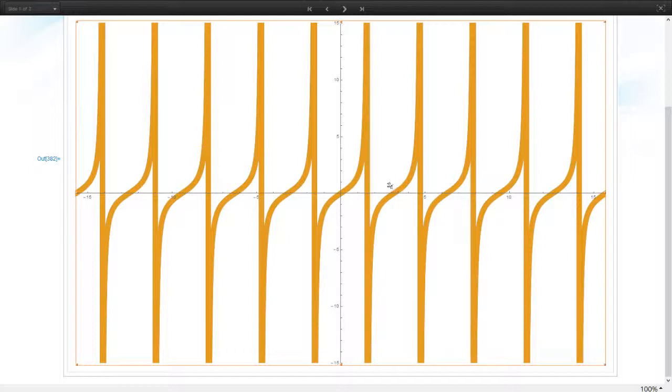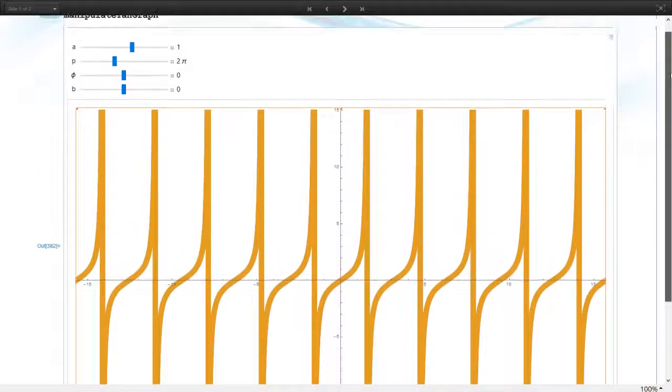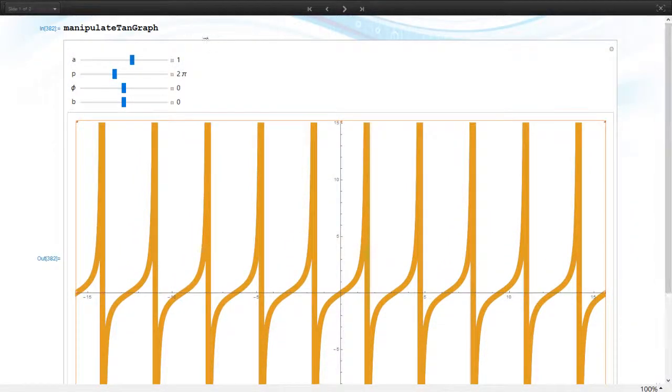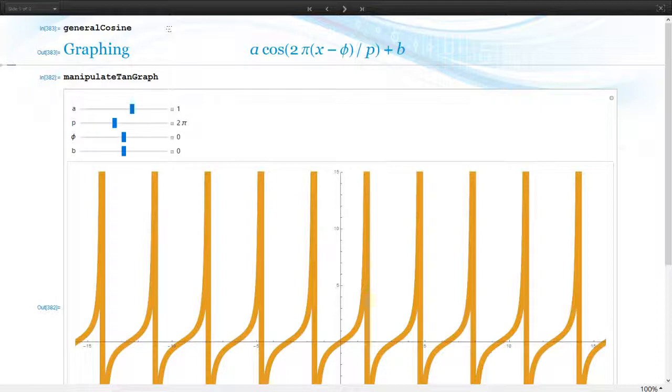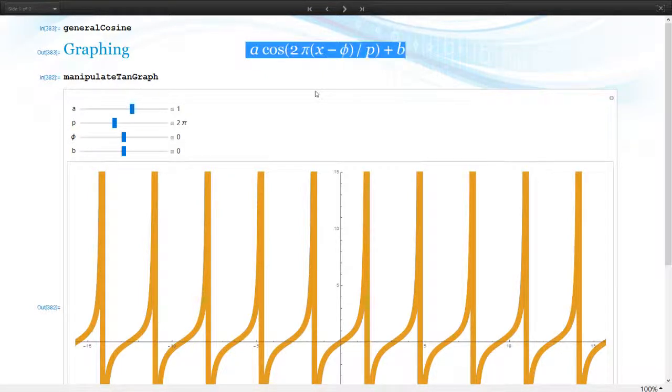So in our generalized tangent and cotangent graphs, we're actually going to have a slight modification. Let's take a look at that. For our general cosine graph, and our general sine graph, and actually for secant and cosecant as well, we have a 2 pi here. If we can rewrite our trigonometric function with a 2 pi times x minus phi over p, we know that p is the period.